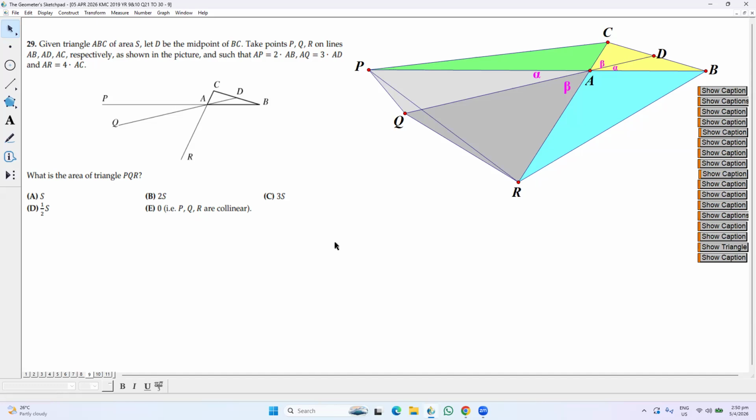So ABC, area is S. The yellow triangle ABC, area is S. So I mark one part of it as x. Then I calculate x using the lengths. They say here AP is double AB, then AQ is 3 times AD, and AR is 4 times AC. So here is BD, and then here all BD.